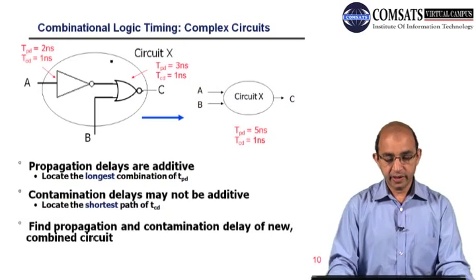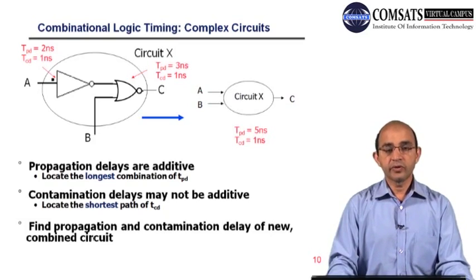In case of TPD, we have added those values: 2 plus 3 is equal to 5, so that represents the TPD. We mentioned before that TPD is additive, because we have to add it.